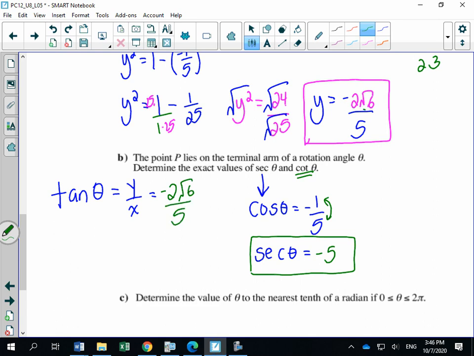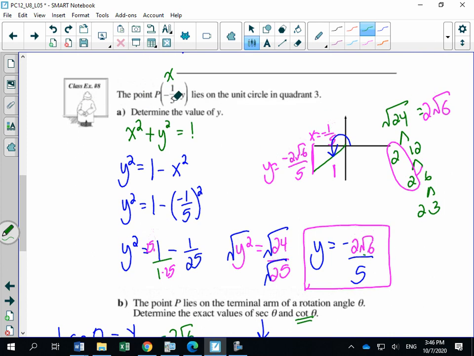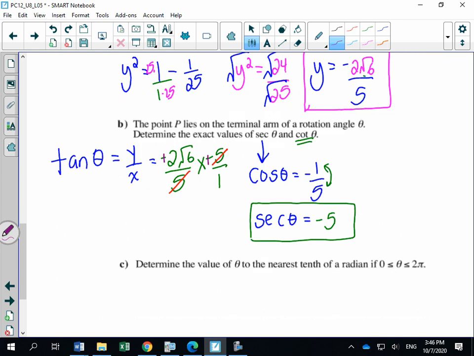Instead of dividing it by x, I'm going to multiply it by the reciprocal, so I'm going to multiply it by negative 5 over 1. What you will get is your 5's will cancel. We've got two negatives, which is going to give us a positive. And I am simply going to have the tan of theta is equal to 2 root 6.